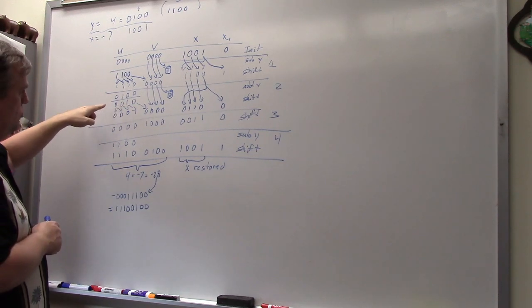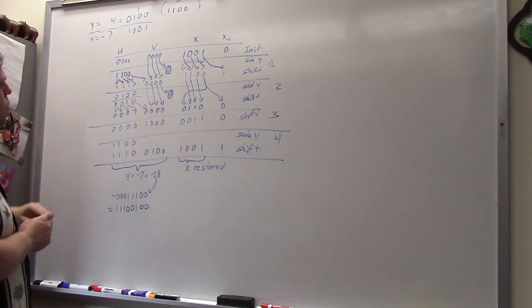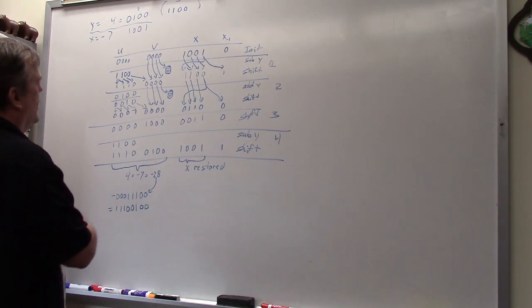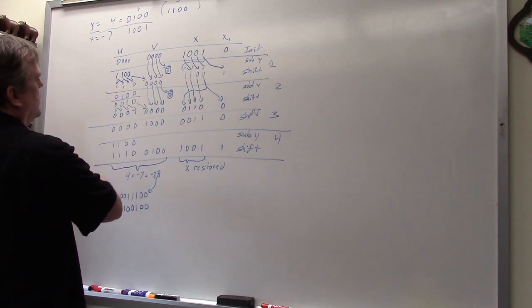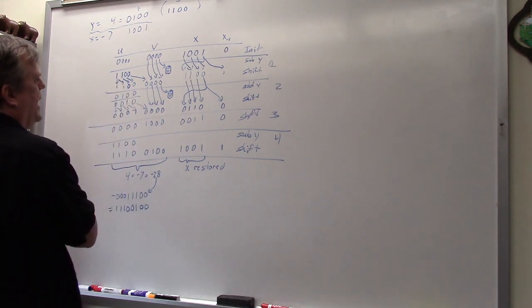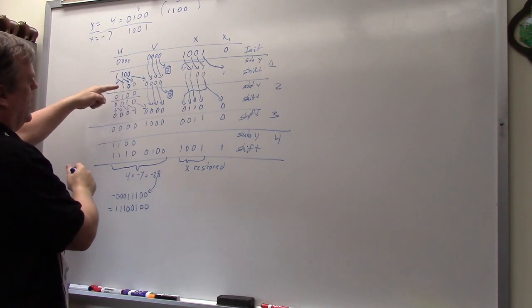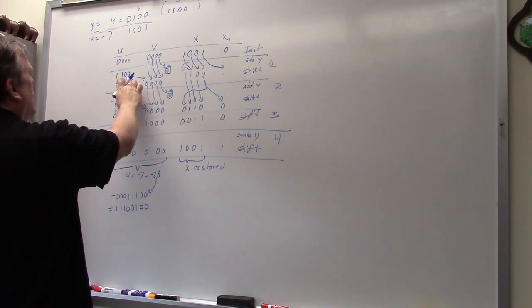So I get 2. Now, what it looked like on the example that the person had is that they had dropped this, which of course would not be correct. This would be negative 4 plus 4, it should be 0.